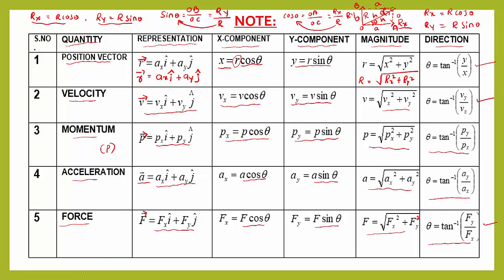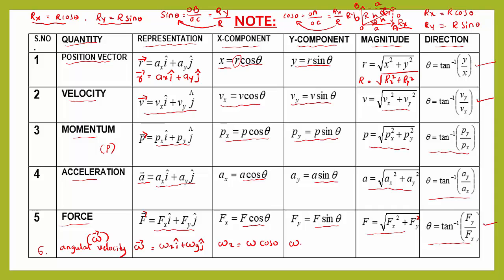For example, if I am going to take another example here, the sixth one, here we consider some physical quantities. I am going to consider angular velocity. Angular velocity is denoted by the symbol omega. This is not W, this is omega. Now tell me how to represent angular velocity. Vector omega equal to omega x i cap plus omega y j cap. And its x component is omega x equal to omega cos theta.